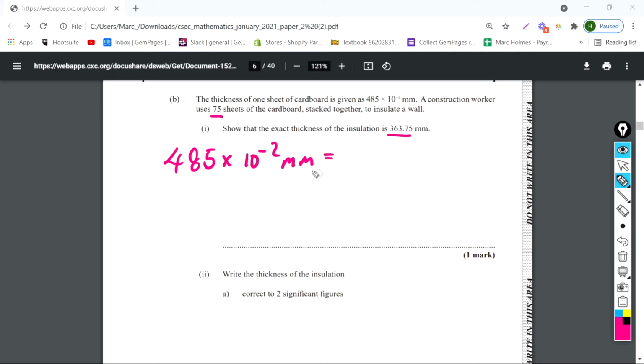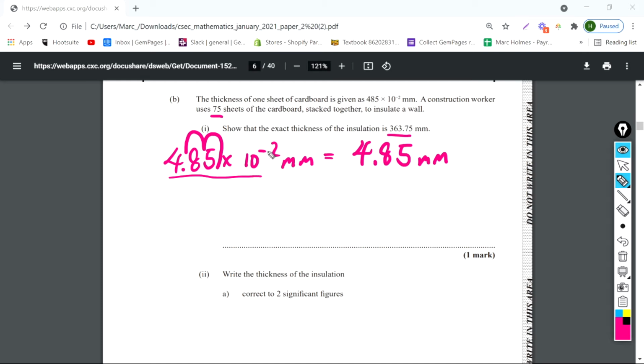So how do we do this, guys? Well, the first thing, we want to find the thickness of the cardboard. We want to write this out in standard form. So guys, this is times 10 to the negative 2, so the point would move 2 places to the left. So this should be the same thing as 4.85 millimeters. And why did we get 4.85, guys?